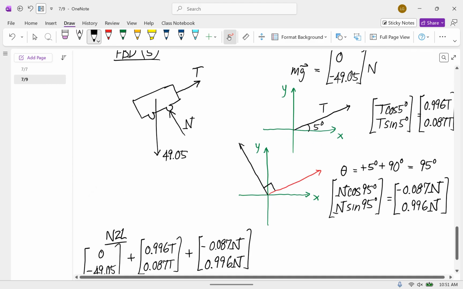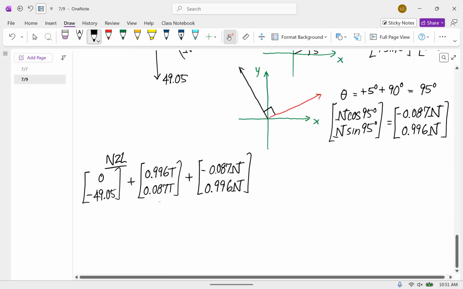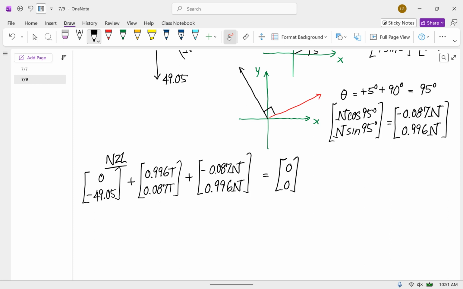Our free body diagram has three forces. I have three forces here, so that's everything. I didn't miss anything. And Newton's second law for static says that it's equal to 0.